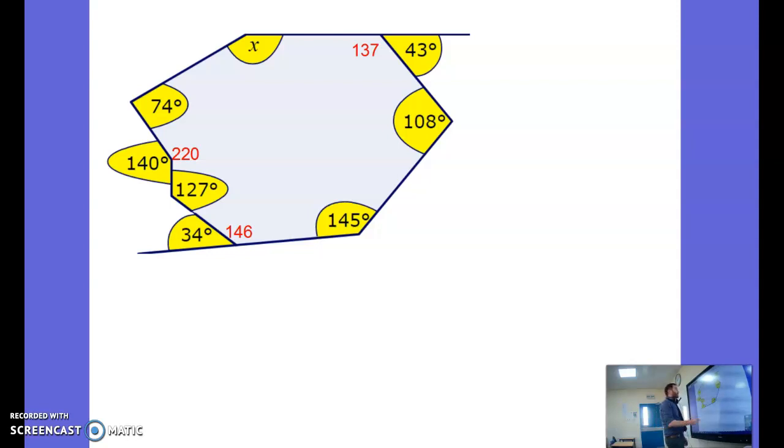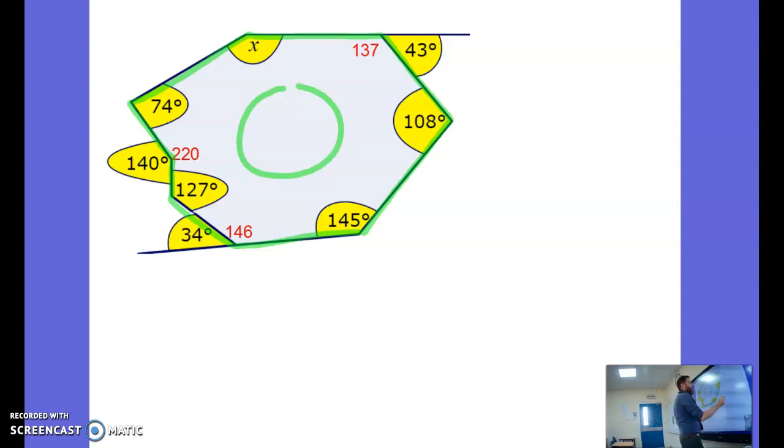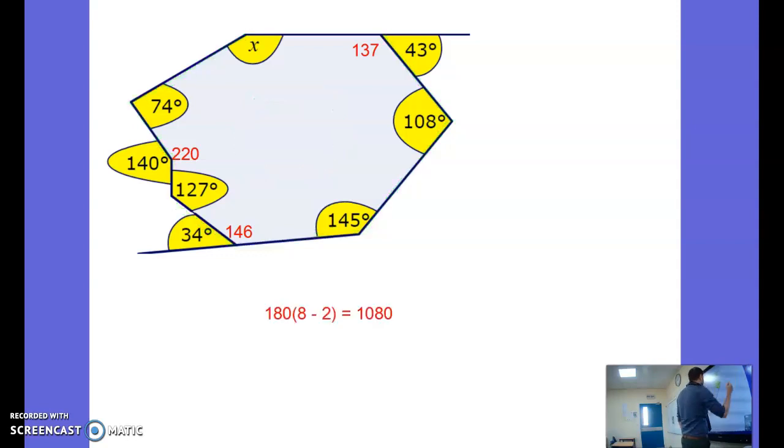And now I need to know what all of these angles add up to. Well, this is a 1, 2, 3, 4, 5, 6, 7, 8-sided shape. It's an octagon, an irregular octagon. So it's got 8 sides, and that means that the sum of the interior angles is going to be 180 multiplied by 6, because we do 8 sides, take away 2.